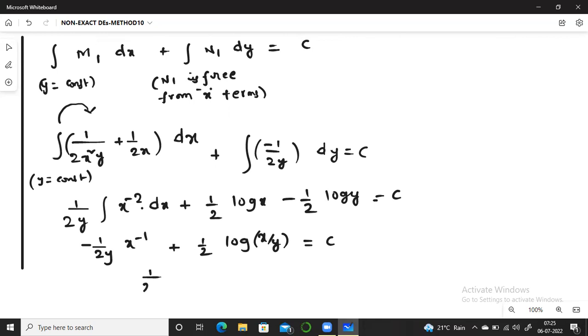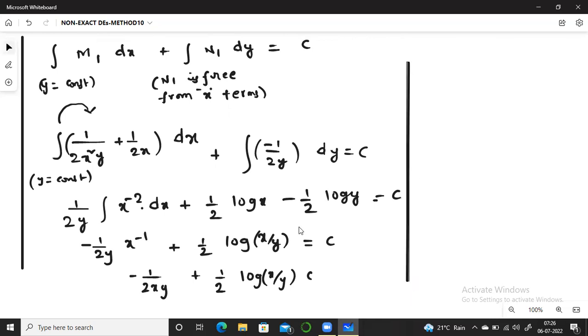So finally, my 1 by 2, 1 over x, I can write x power minus 1. So minus 1 over 2xy plus 1 over 2 log x by y is equal to some constant. Still I can modify the solution. 1 by 2 I can take common, bring to that side.